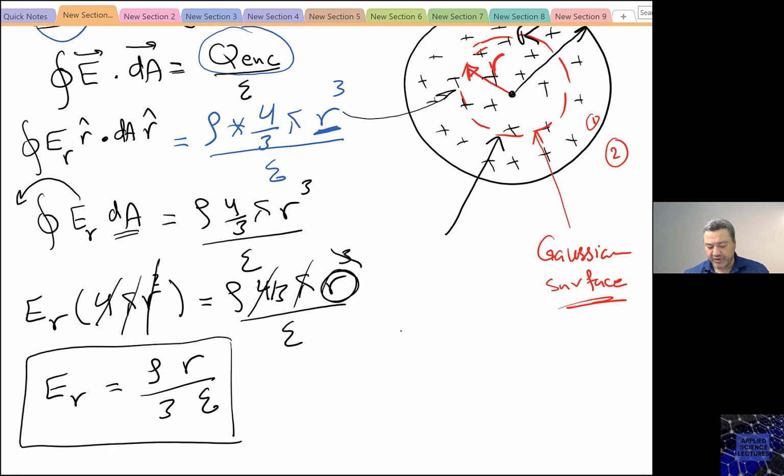Now if I am to draw this along r, then I have here capital R. I can see that when r goes from 0 to capital R, I have a linear function.